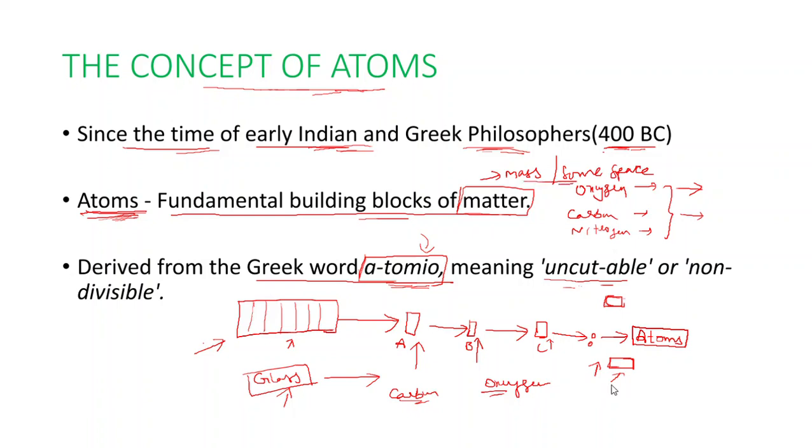So if we take wood, it has some mass and it occupies some space. So it is matter. Likewise glass is matter. Likewise oxygen has some mass and it occupies some space, so it is matter. So everything in this universe is made up of atoms.